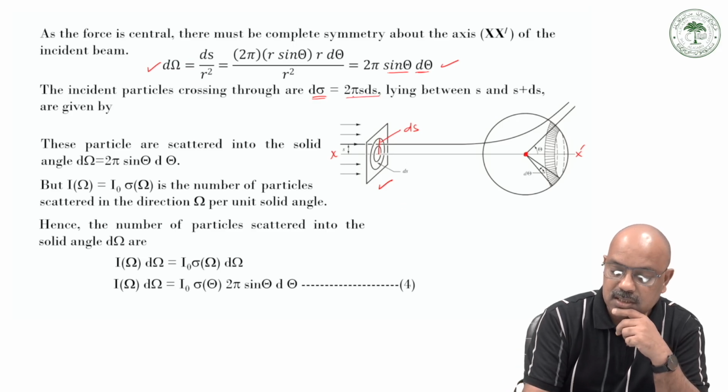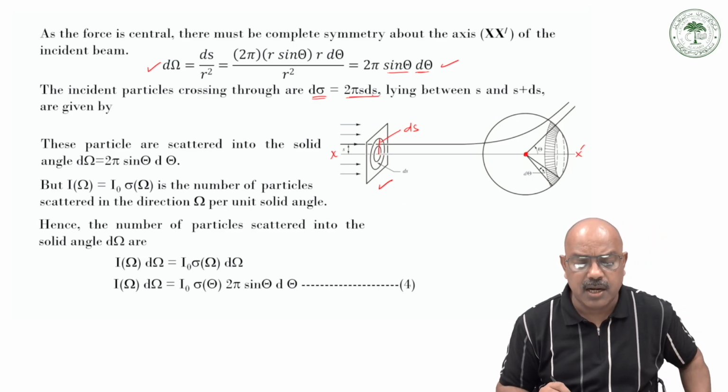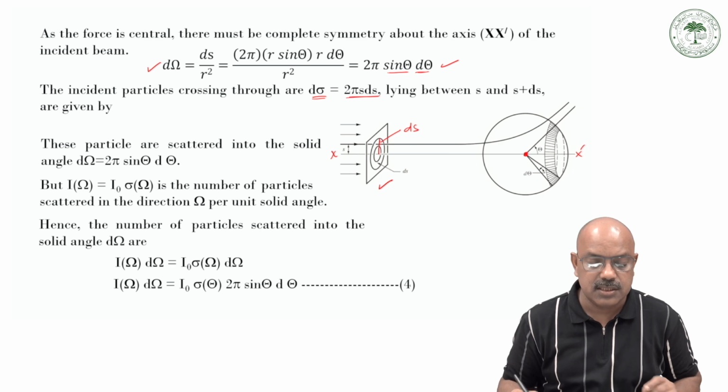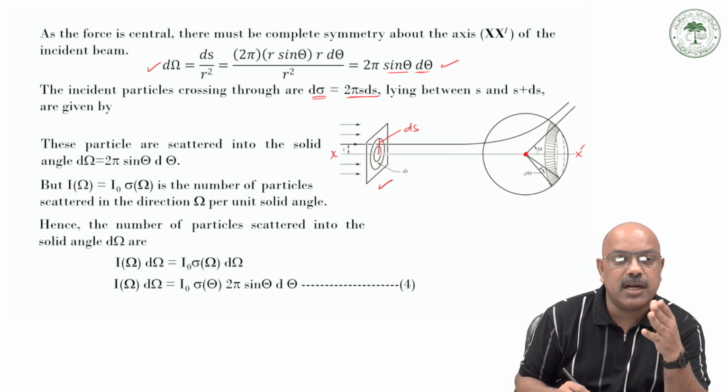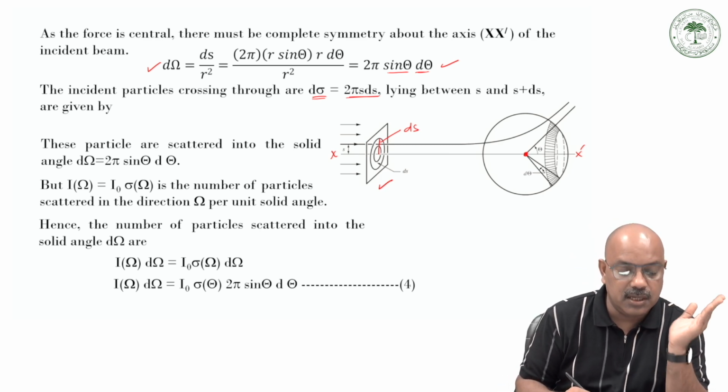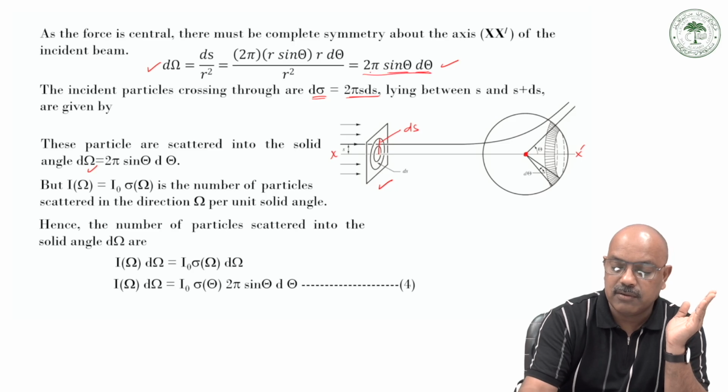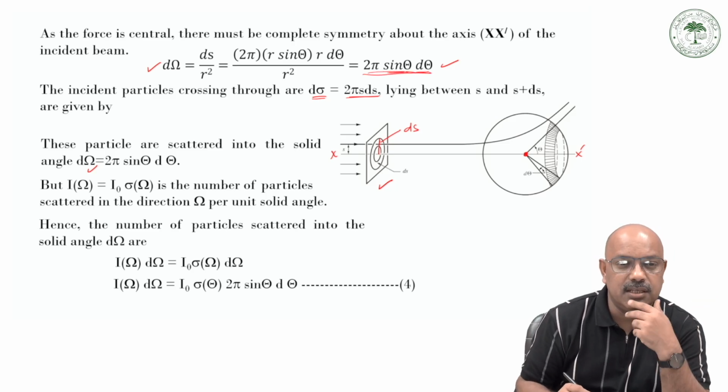So this is the incident particles crossing through d sigma. We know that these particles are scattered into the solid angle d omega, and we have calculated it is twice pi sine theta d theta.